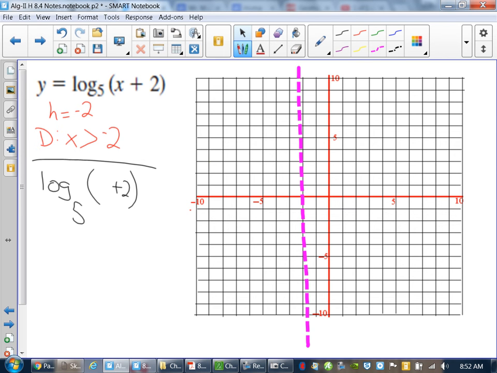What plus 2 is 5? 3. See where I'm going with this? So then I choose a value of x at 3. What's 3 plus 2? What's log base 5 of 5? 1. So at 3, it's 1.